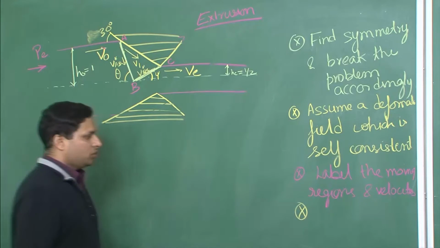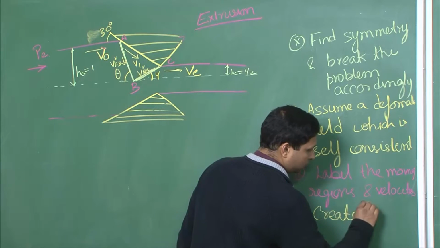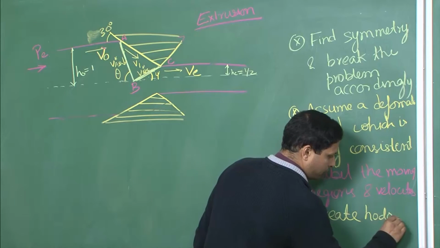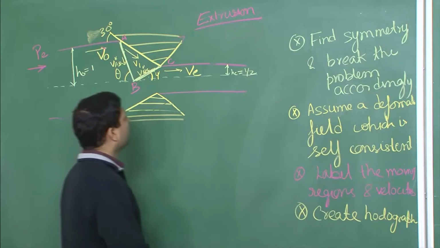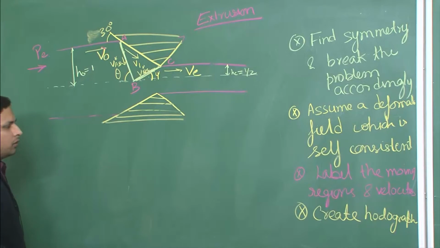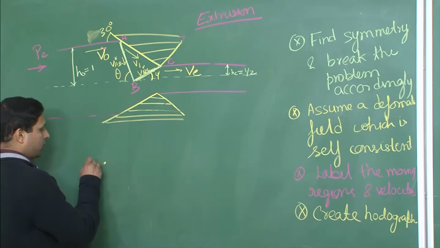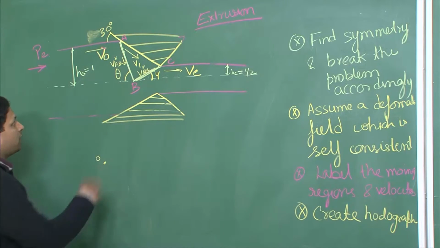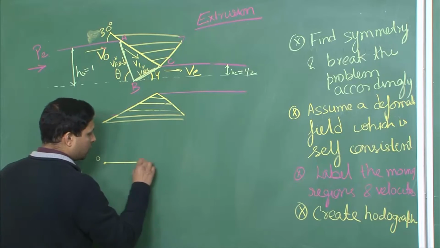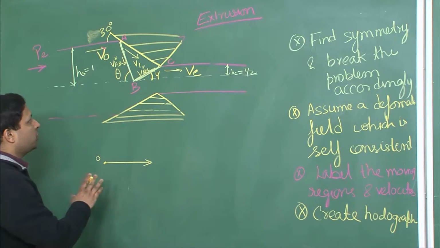Next step for me is to create the hodograph. Again, for creating the hodograph, you remember what we have to do. We have to take an origin. So, this is our origin. Now, from the origin, the first velocity that we know of is V naught. Right now, we know the magnitude only of V naught.